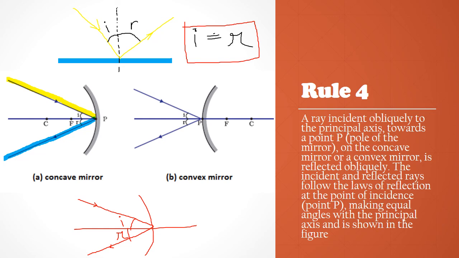In our next class, using these 4 rules, I will explain how the images are formed for different objects placed on different points of the principal axis. Is that clear?